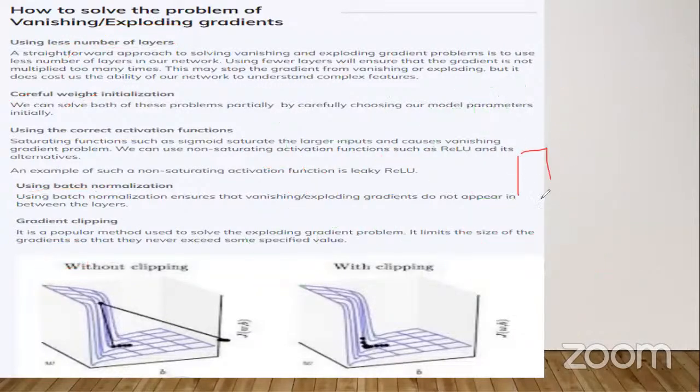So I told you that whenever we are passing any picture in a convolutional neural network, a color picture, it tries to understand it as three matrices: red, green, and blue. This is how it tries to understand the picture.